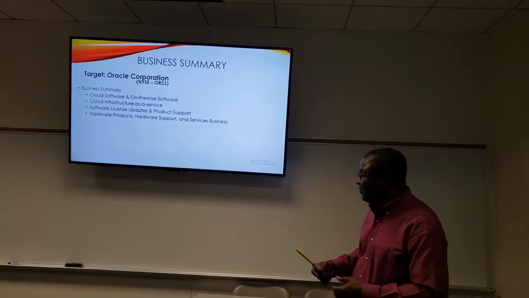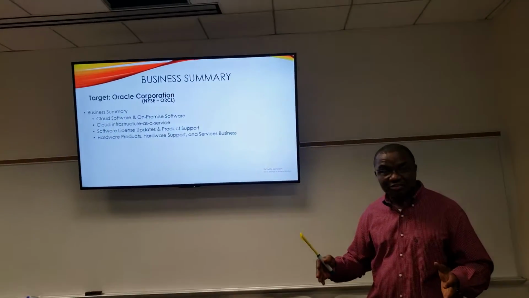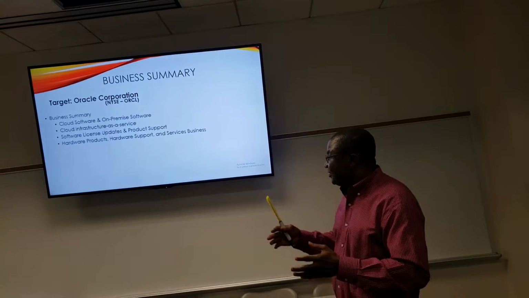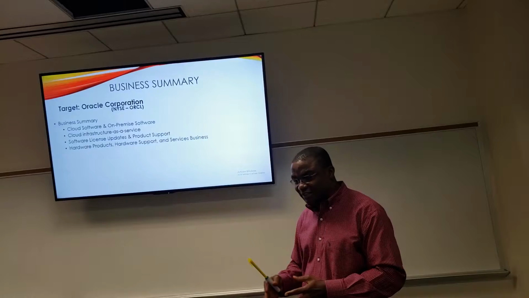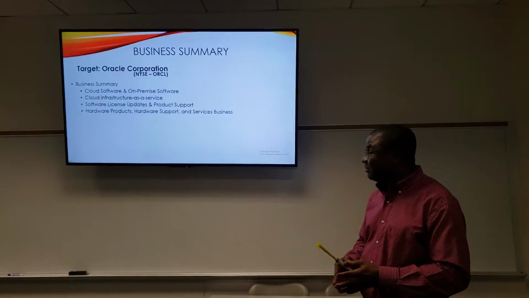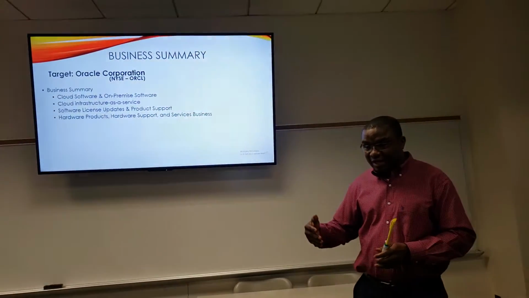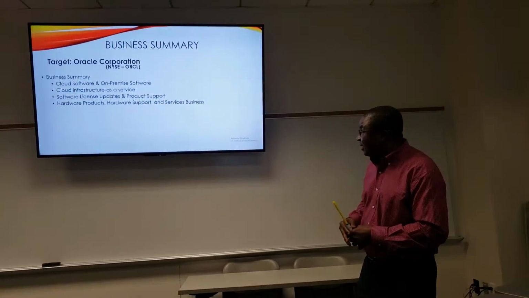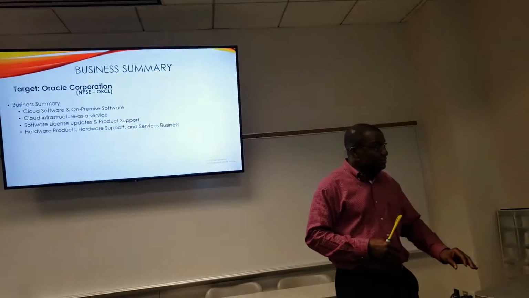Oracle is also into hardware production. It produces some of its own hardware, and it provides after-sales support to the products that it sells to its customers. And there's also the services business, which attends to related needs of its customers.